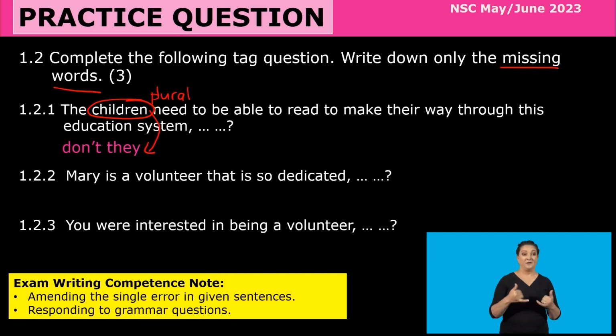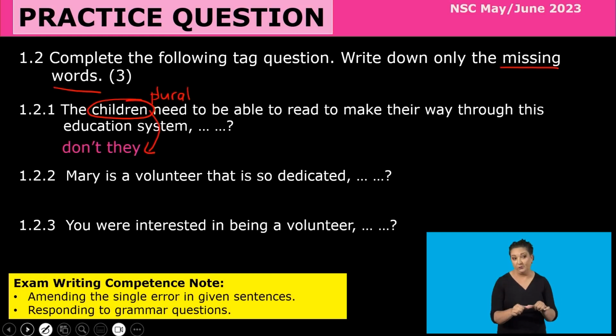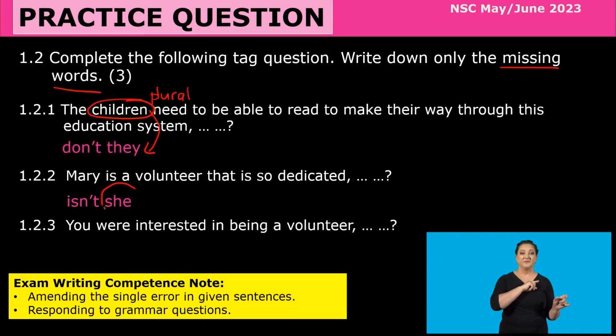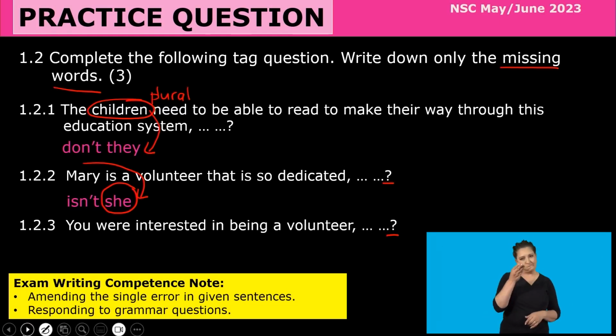Mary is a volunteer that is so dedicated, all right? Now, can you see that Mary is a female? So here we see the "she" to indicate, the tag is going to indicate that the gender is identified as a female, all right? So they've already given you the question mark in the examination question paper, so you might not need to include those, all right?